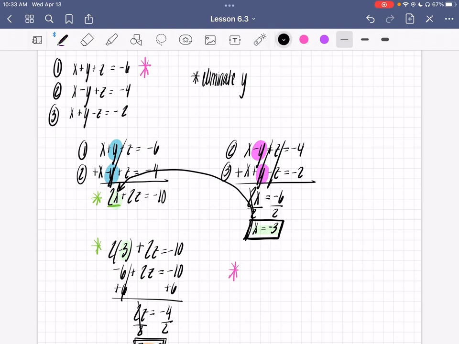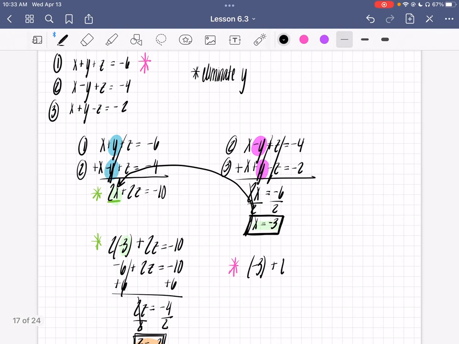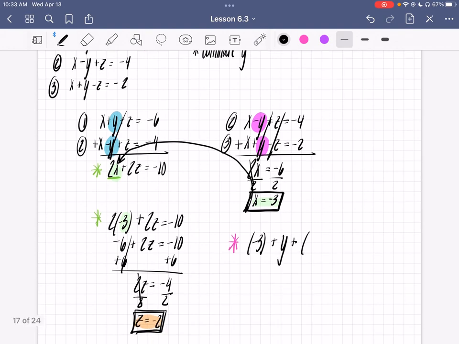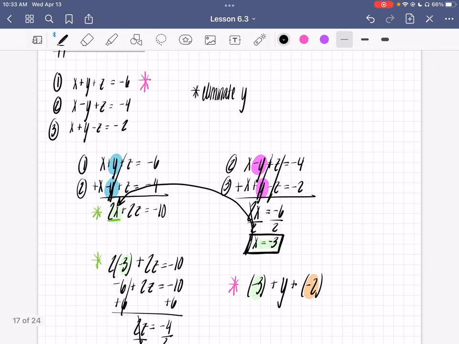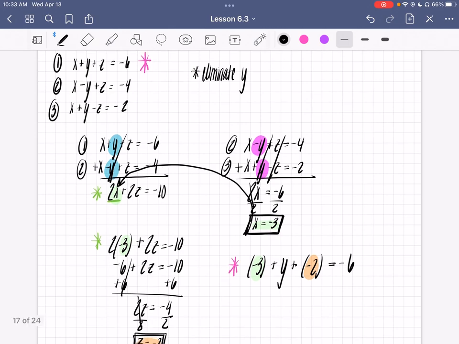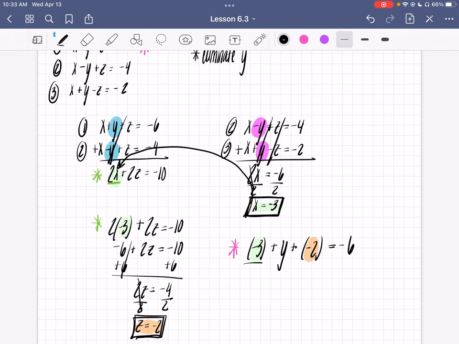Okay, so let's plug in x is -3 plus, we don't know y yet, plus z we said was -2. And I'll color coordinate this for you. Okay, and then all of that should give me a -6. So then I combine -3 minus 2 is -5. And then I add 5 to both sides, and I get y equals -1.